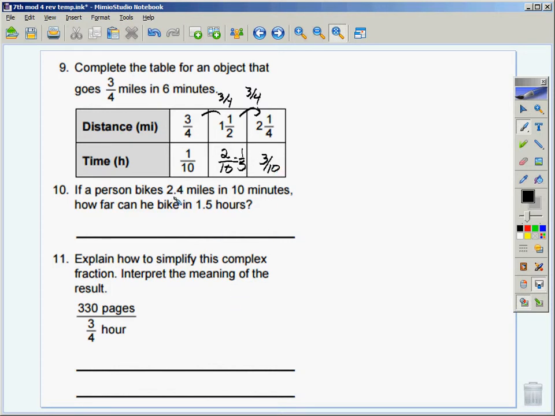If a person bikes 2.4 miles in 10 minutes, again, this is a unit rate, and we're figuring out what it's going to be in an hour and a half.